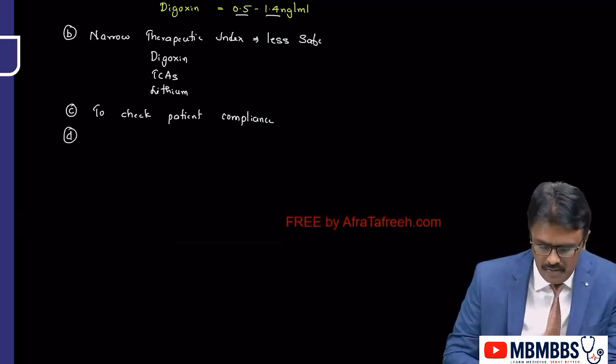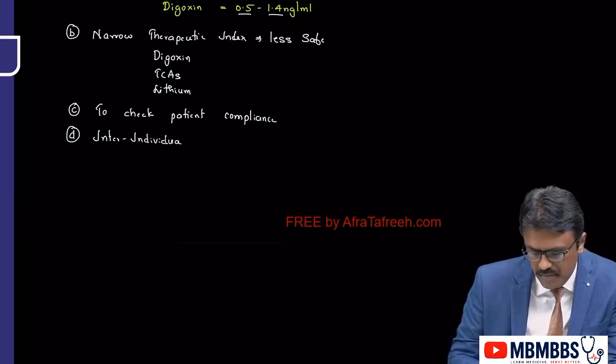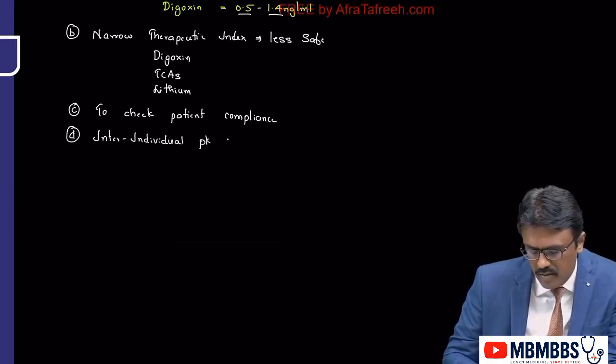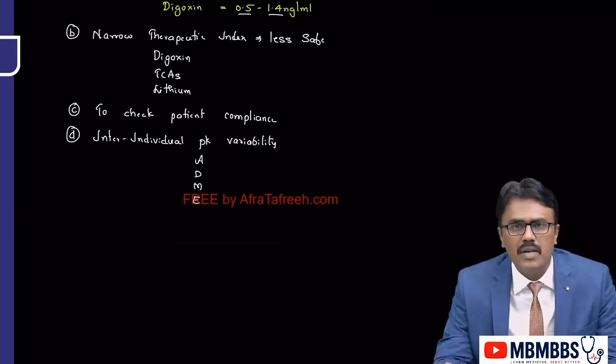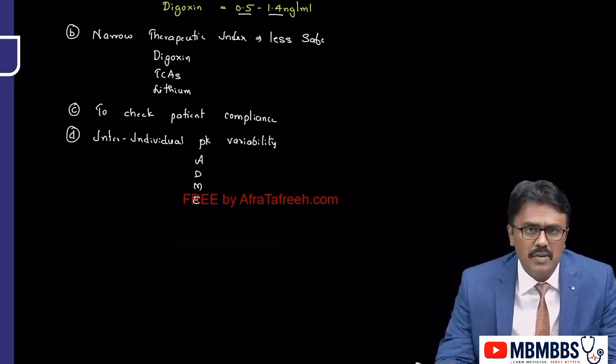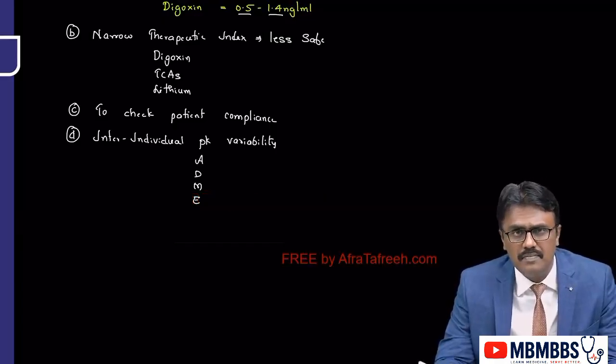Next, if there is inter-individual pharmacokinetic variability. So you know pharmacokinetics means ADME. If there is a difference in absorption, distribution, metabolism and excretion from person to person, then we want to check the drug levels.